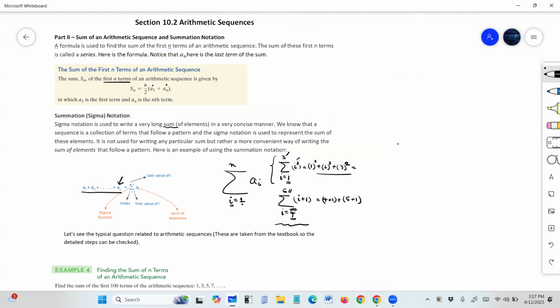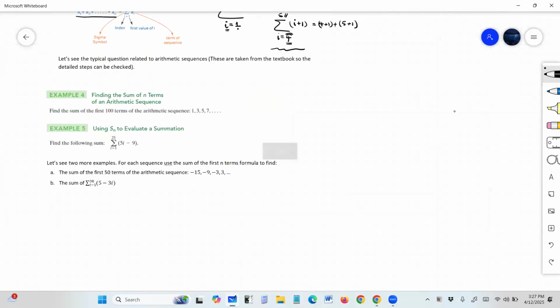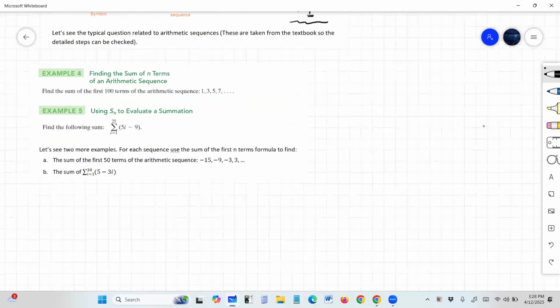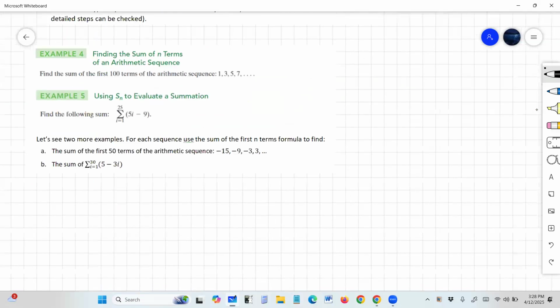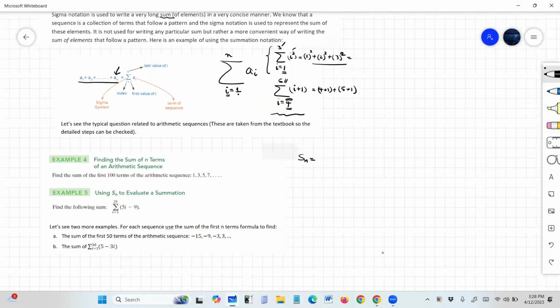Okay? All right, so let's see a couple of examples. This is, again, not very difficult, so I doubt anybody's going to have any serious problem with this. I will just write the formula here. All right, so first let you see the formula, and then we can copy down here.